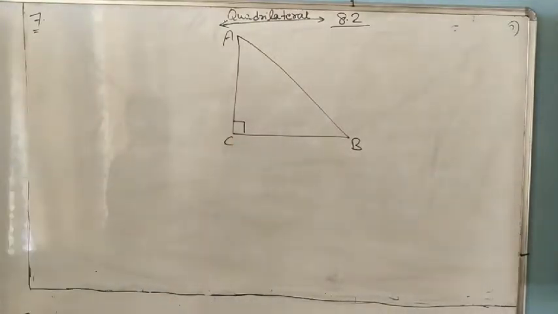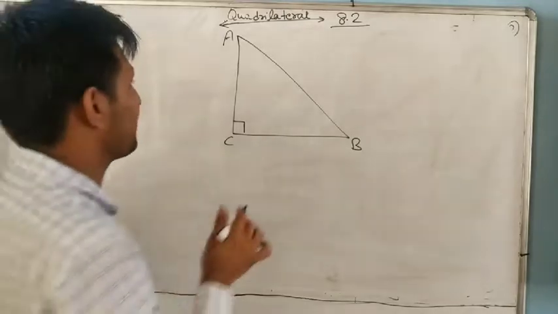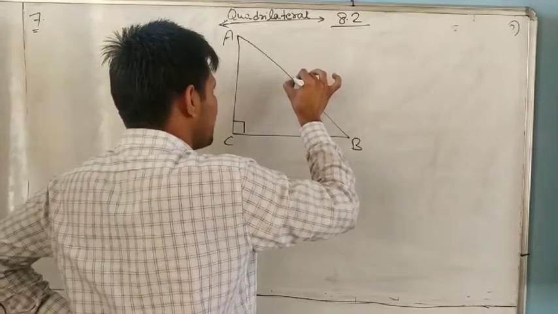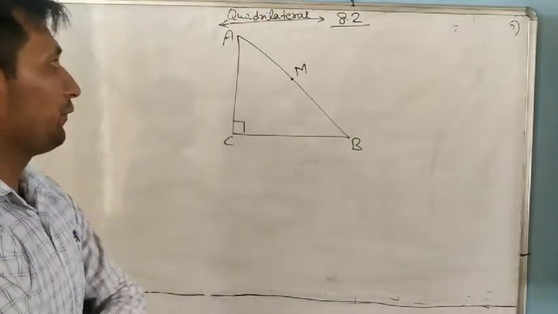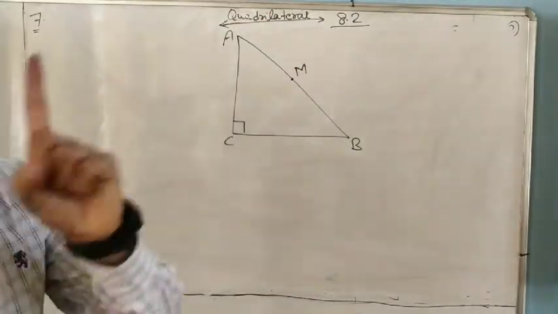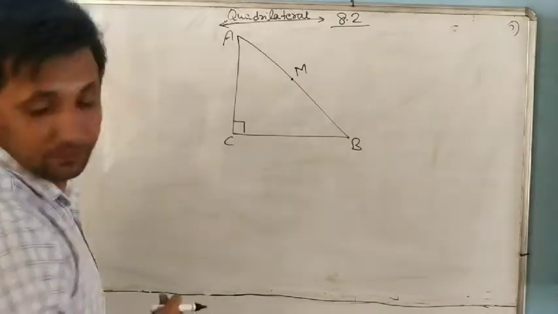Right angle at C, a line through the midpoint M of hypotenuse AB. Hypotenuse is AB and M is the midpoint. Only one midpoint is given, of the hypotenuse, and the line is parallel to BC.